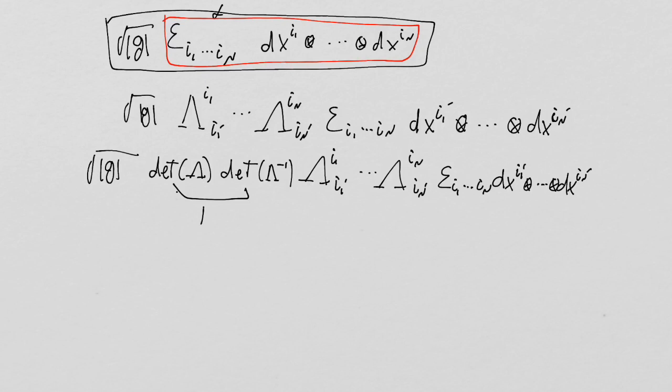And I'm going to lean back on my rule for the epsilon, the Levi-Civita symbol, and realize that this just converts to a new Levi-Civita symbol with the primed indices, and in this case they're going to be in the lower position, i_1 prime through i_n prime. So this is the same rule that we used.